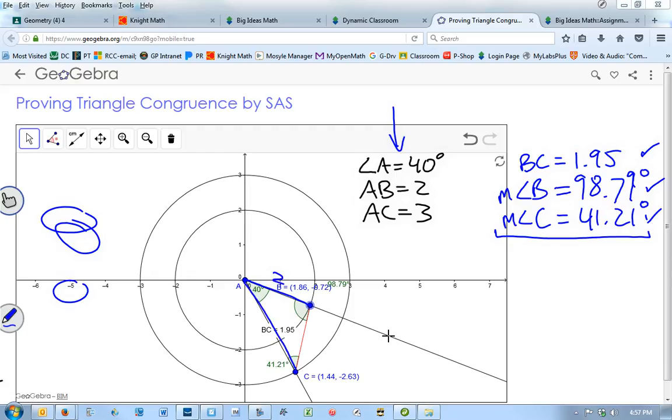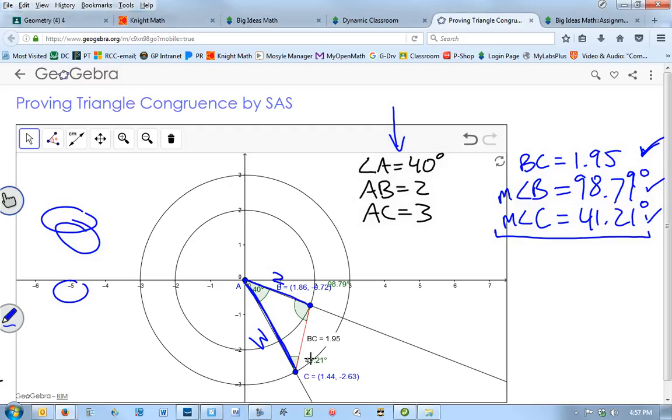This is 3 units long because it's on the larger circle with a radius of 3. When we set that to be true, what do you know, BC turns out to be exactly 1.95. Check again. And our other angle here, we've got angle C.